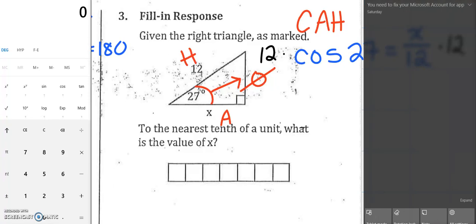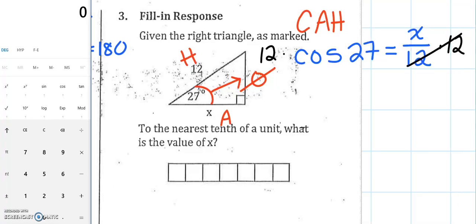So the 12s here cancel. And now we're going to do in our calculator the cosine of 27 times 12. So grab my calculator here. 27 cosine. It's that decimal there, times 12. And I get about 10.69. So I'm going to write down that x equals 10.69.